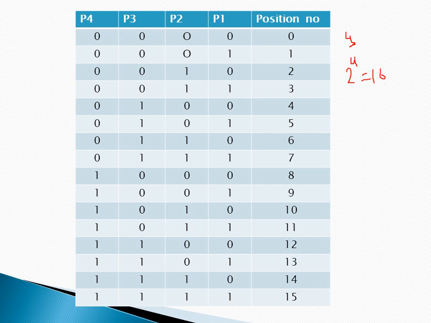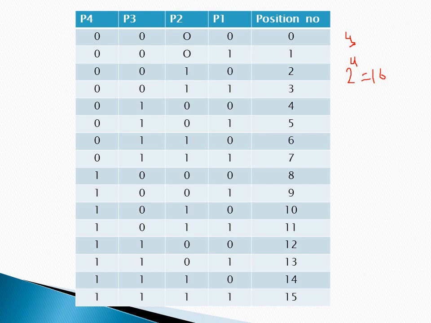If you observe this, the first column is for the P1 position, the second column is for P2 positions, the third column is for P3 positions, and the fourth column is for P4 positions. For P1, the first one is coming at position number 1, the second one at position number 3, and the third one at the fifth position.